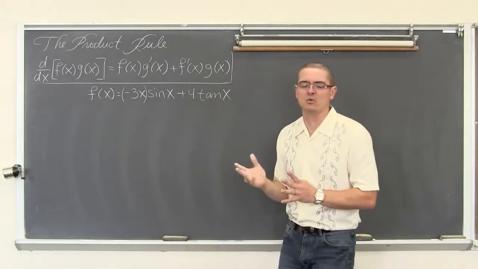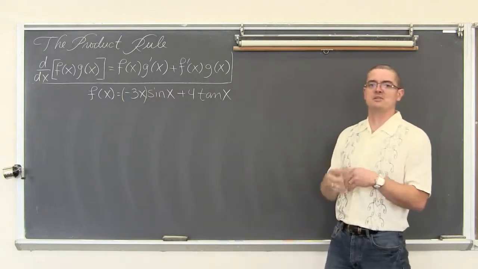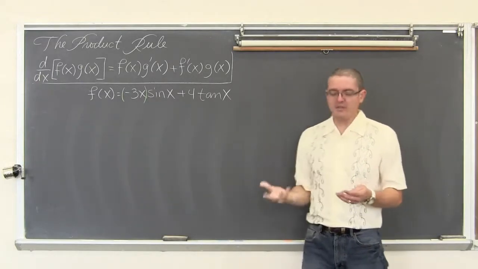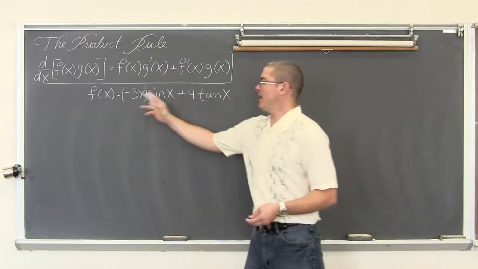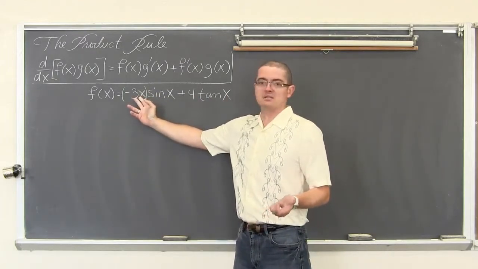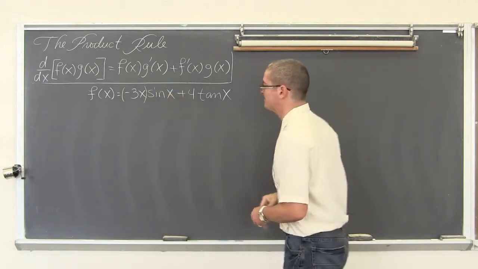You could use the product rule, but you're just going to write a bunch of stuff and you're going to get the same answer with a lot more work. So we're going to use the constant rule for the second term, and that's not a constant, so we're going to have to use the product rule for the first one.